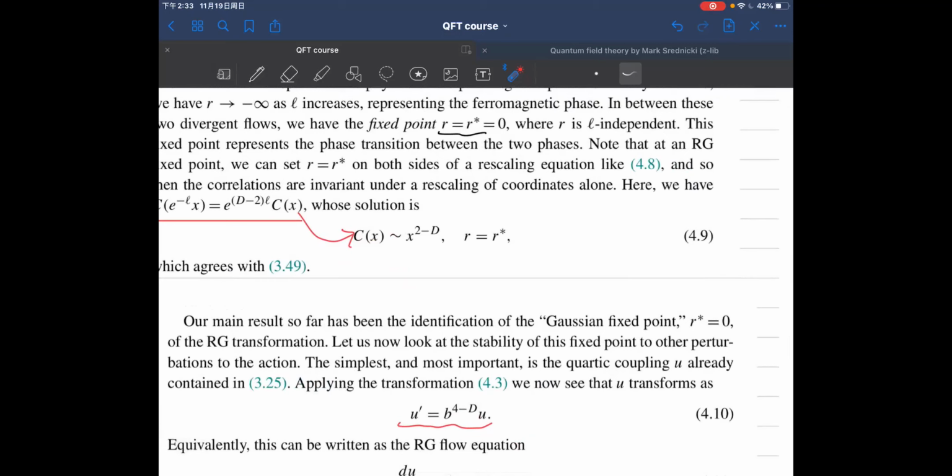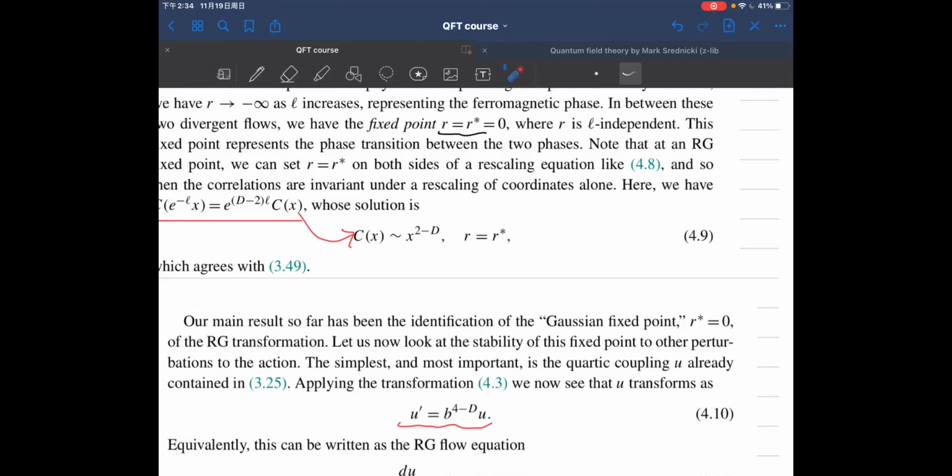Then our main result is that we identify the Gaussian fixed point of the RG transformation. So then we look at the stability of the fixed point by adding a perturbation to the action.